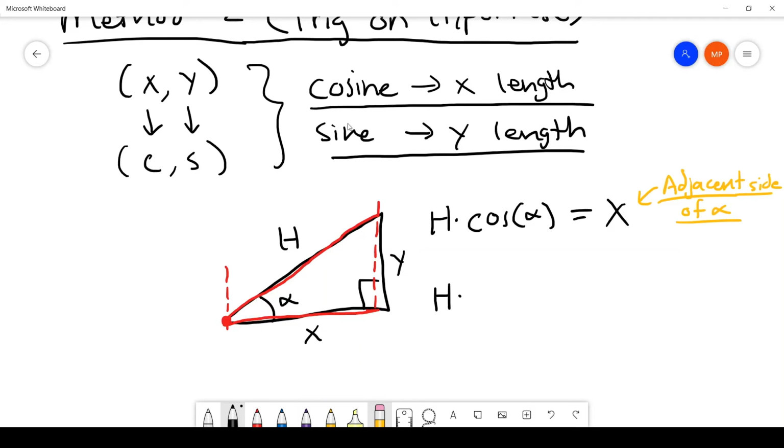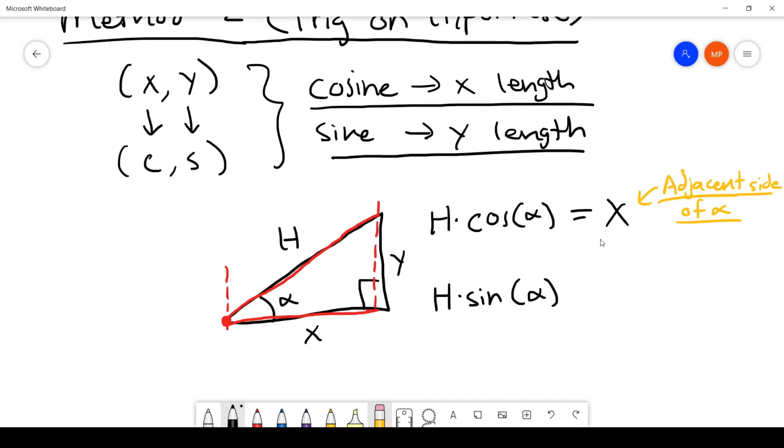And if I want to only get the y length, then I'm going to be looking at the sine of that hypotenuse. It's almost like saying that these trigonometric factors are getting the x and y components of this h vector value.